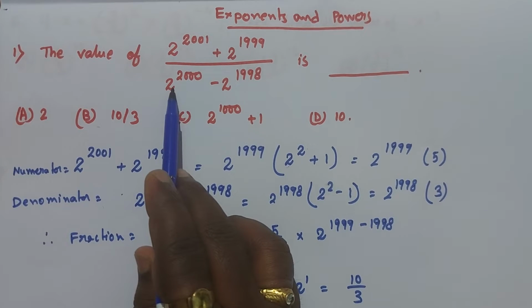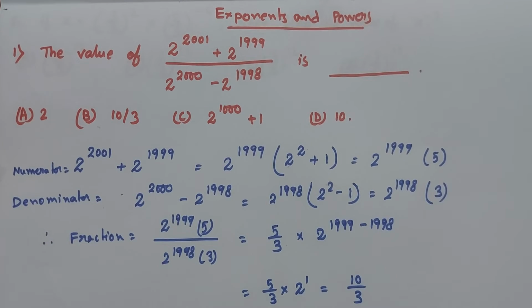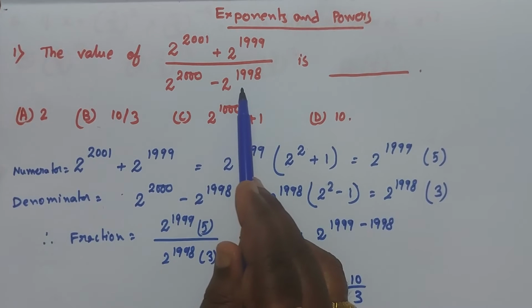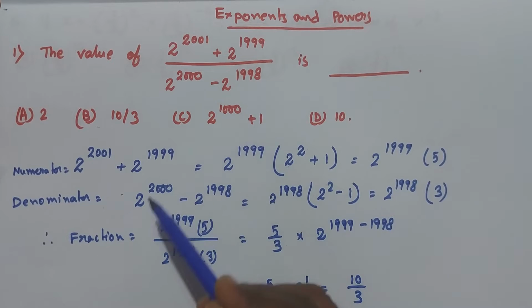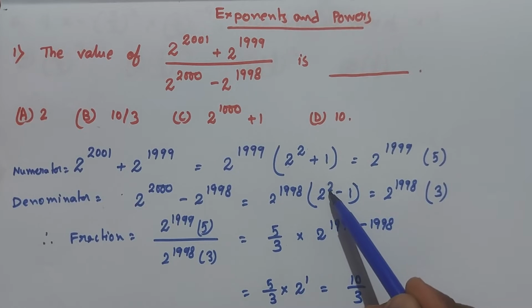In the denominator it is 2 to the power 2000 minus 2 to the power 1998. If I take common 2 to the power 1998, what remains is 2 square and here minus 1. So 2 square is 4, then 4 minus 1 is 3.